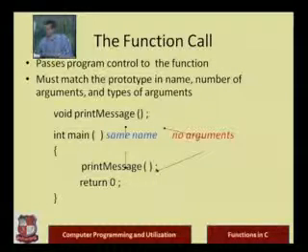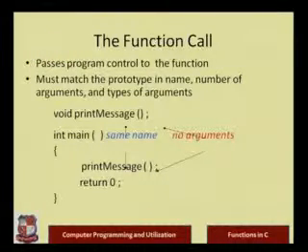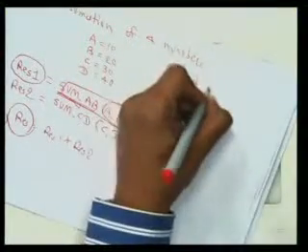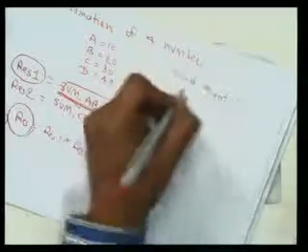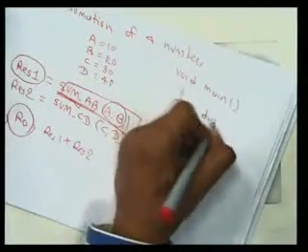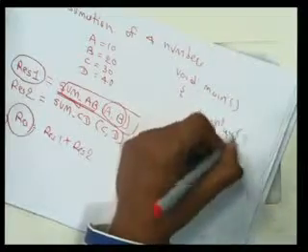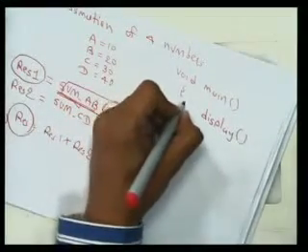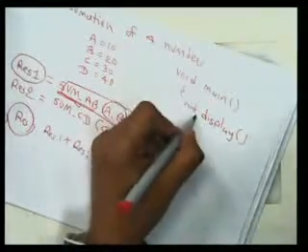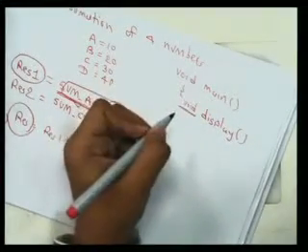For example, suppose in void main I am declaring one function display which returns nothing. That means the return type is void.